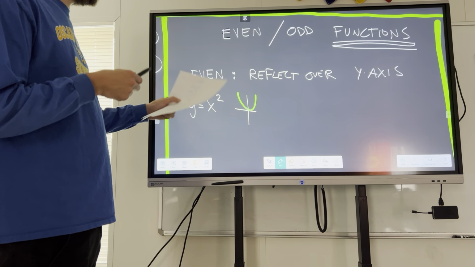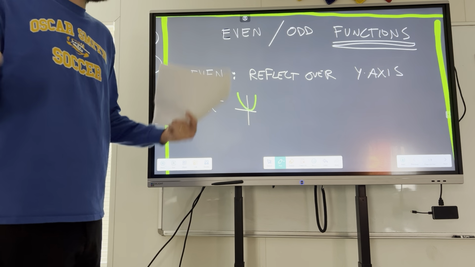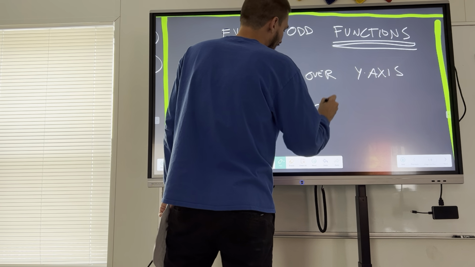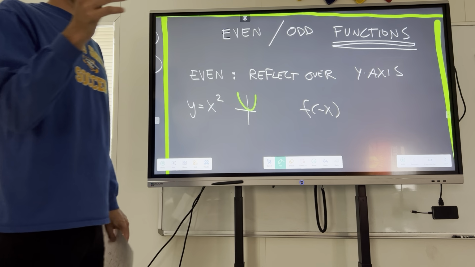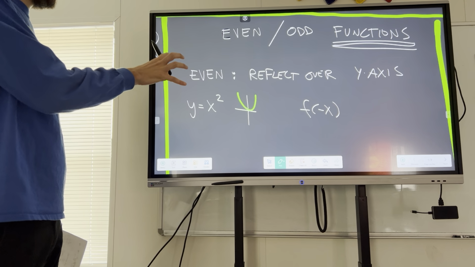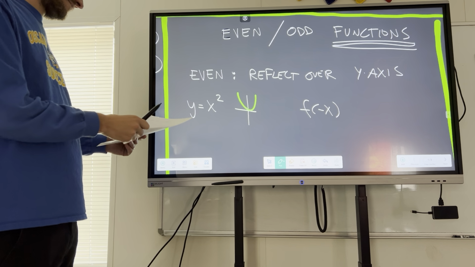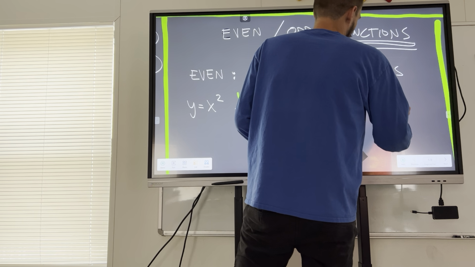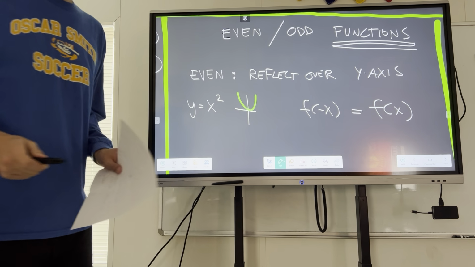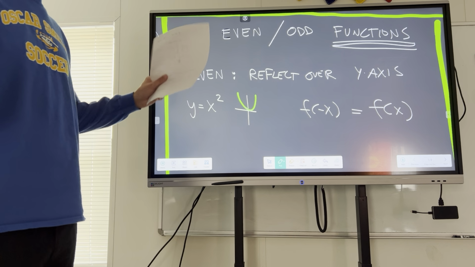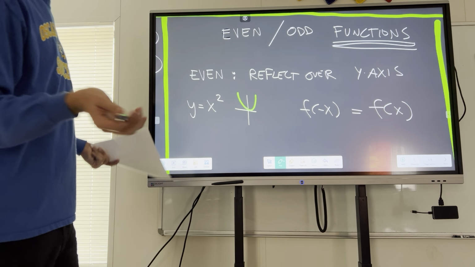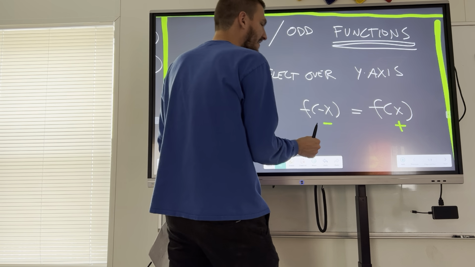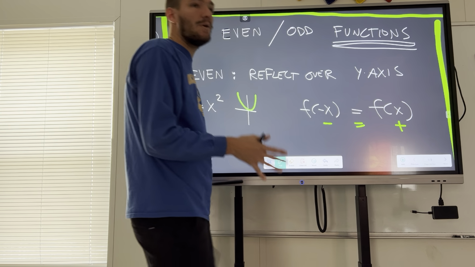Reflecting over the y-axis is more or less how it looks graphically. Algebraically, what this means is, if you put a negative x into the f, what you should get is regular old f of x. And basically what this means is that the positive x values and the negative x values have the same y values.